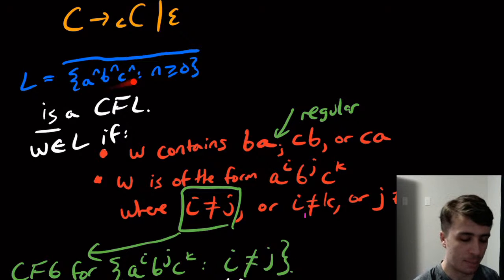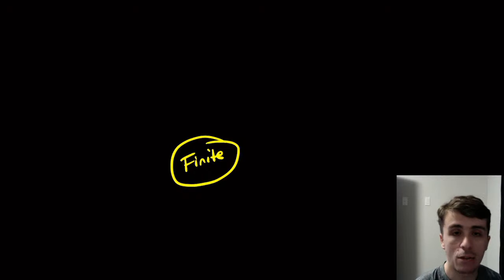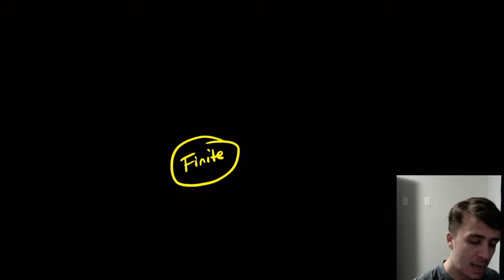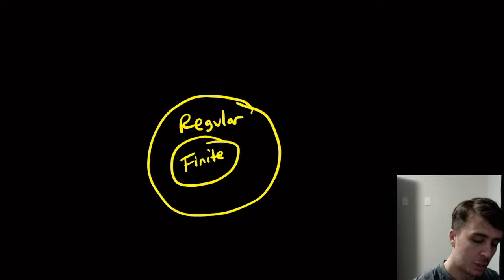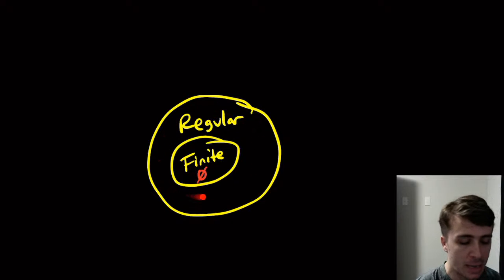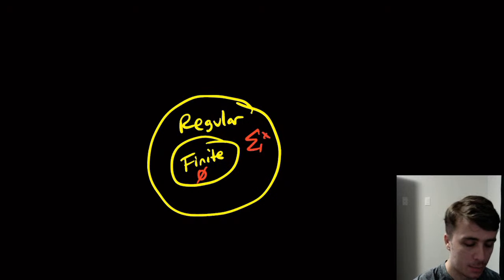the complement of this thing. So if we think about where we currently are in the world, we talked about finite languages, that is, languages that have a finite number of strings, and every finite language is regular. So an example of a finite language is the empty set. An example of a regular language that isn't finite is, say, sigma star or a star or something.